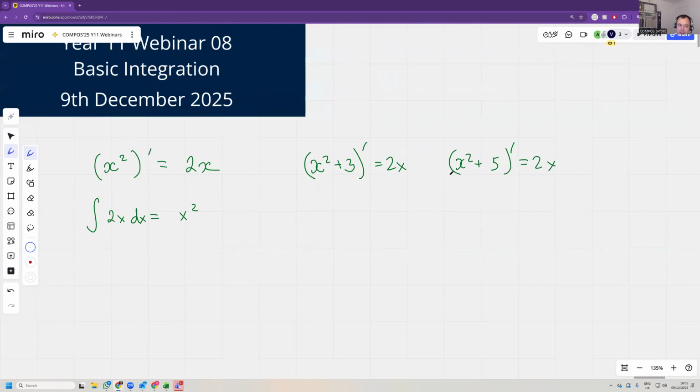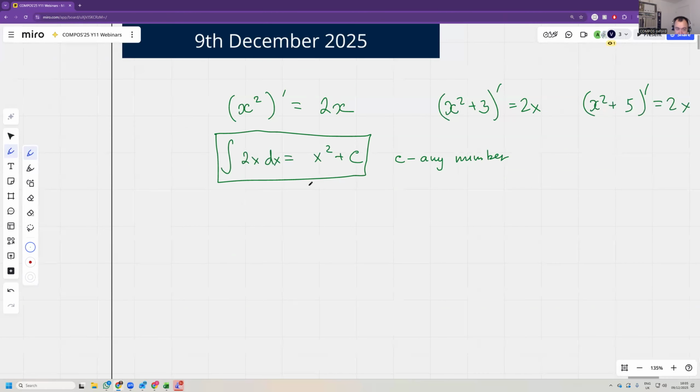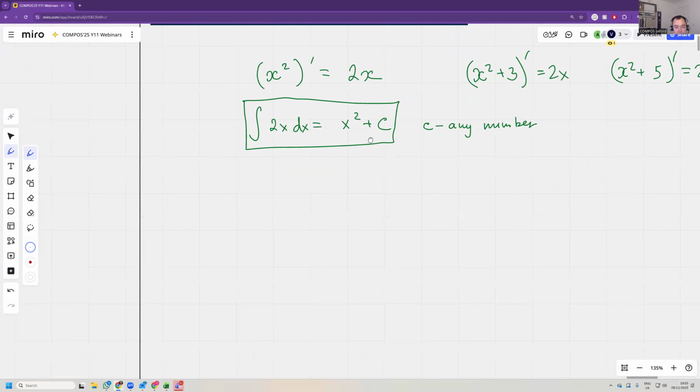So actually, it's not just x squared, it's x squared plus c, where c is any number. We call it the integration constant. So when you're finding the integral, you're trying to find a function whose derivative is that, and it always contains c.